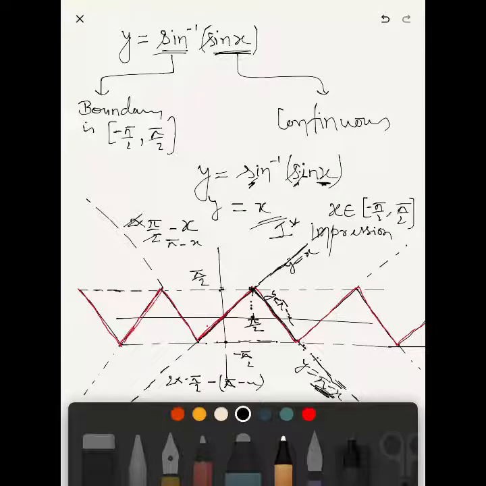So these two get cancelled out. Here you are left with minus pi, and when you open the bracket you will have minus pi again, and x will become positive. So the equation of this line will be y equals to x.